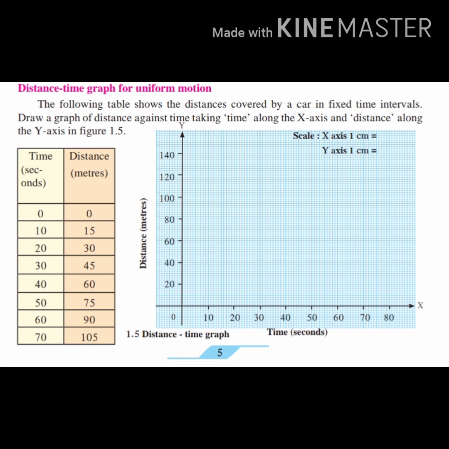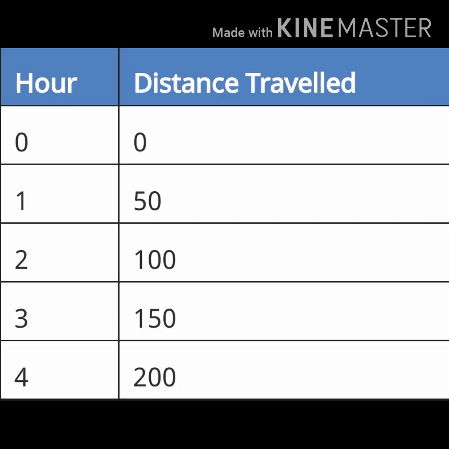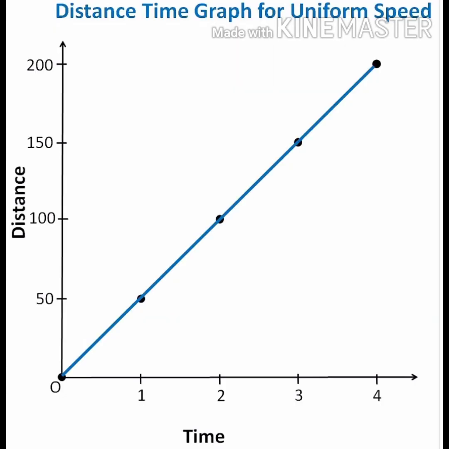And if you plot a graph with time in seconds on the x-axis and distance in meters on the y-axis, I hope everybody knows how to plot the graph. On the x-axis we have taken time and on the y-axis we have taken distance. This is known as the distance time graph.